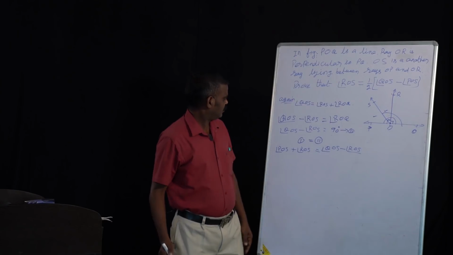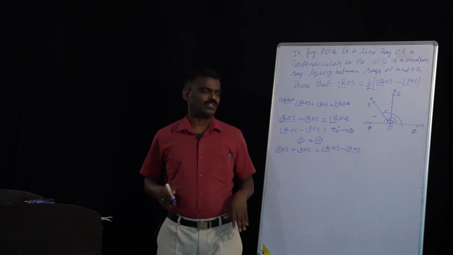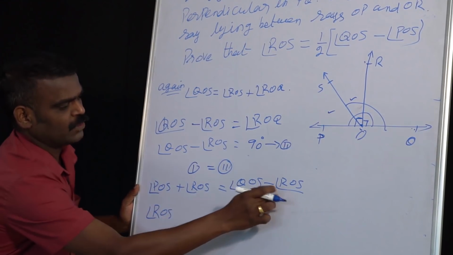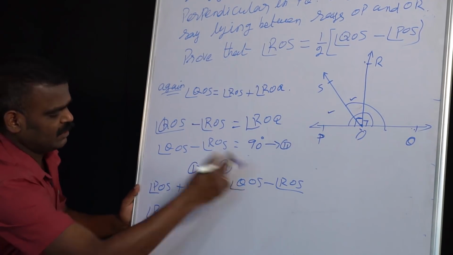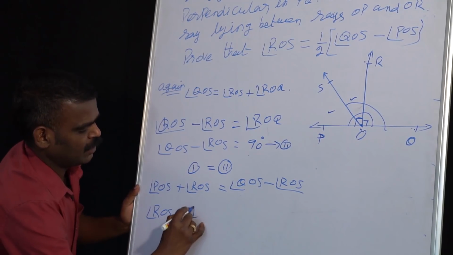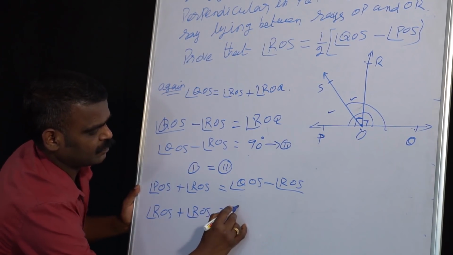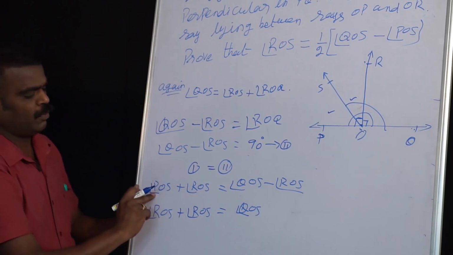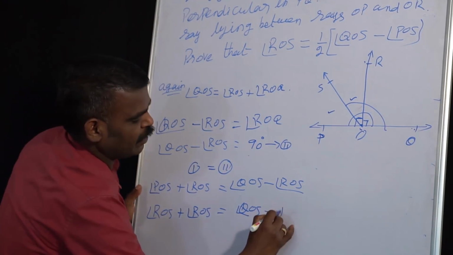Now let us put all the ROS together. There is one ROS, there is one more ROS. When you bring this side, minus becomes plus. QOS plus POS, when it goes to the other side, becomes minus.